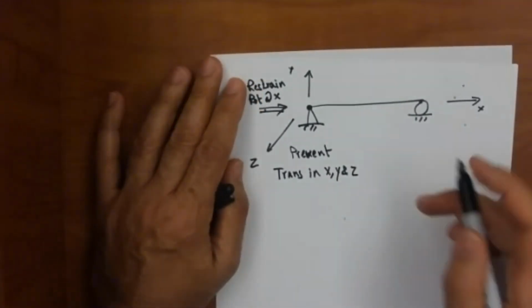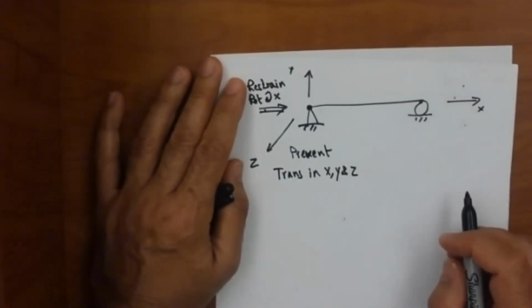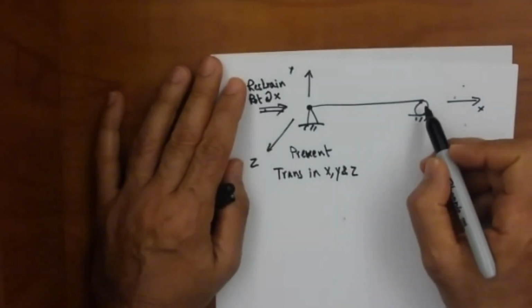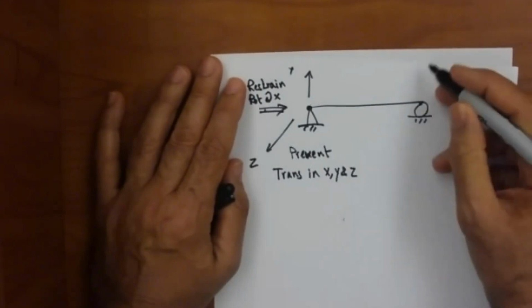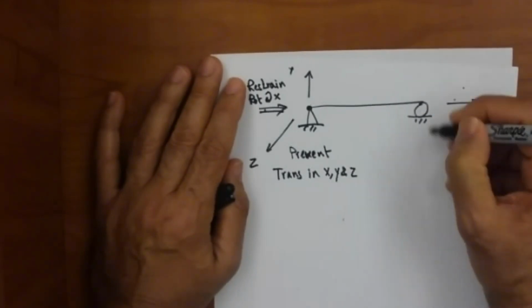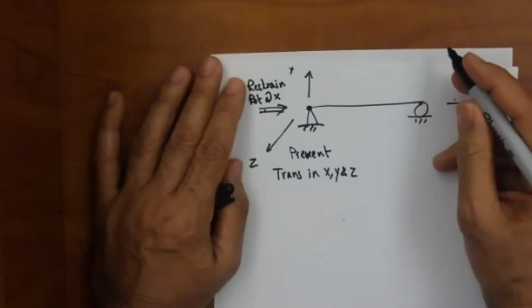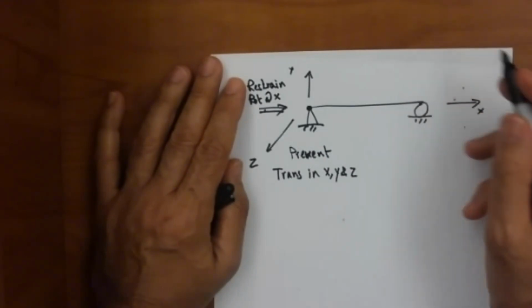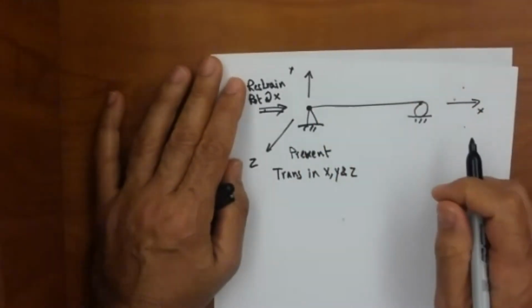How about this roller support? Does it prevent rotation? You mean translation? Yeah. So it does not allow the beam to move up and down. And this is true when we are working in the XY plane.